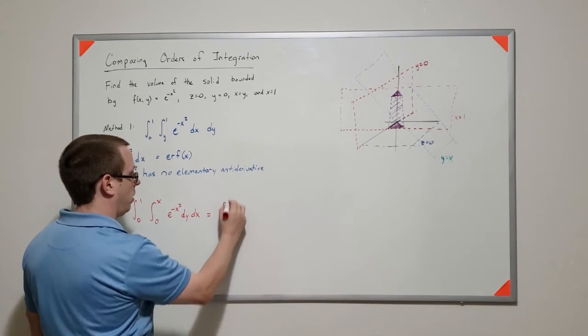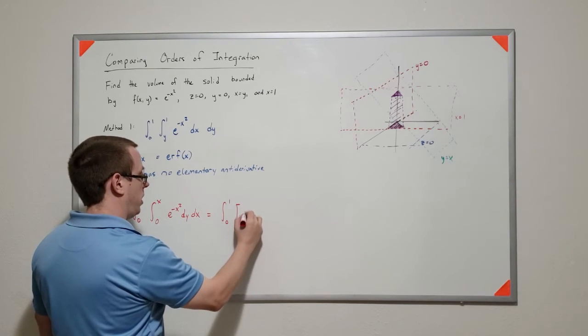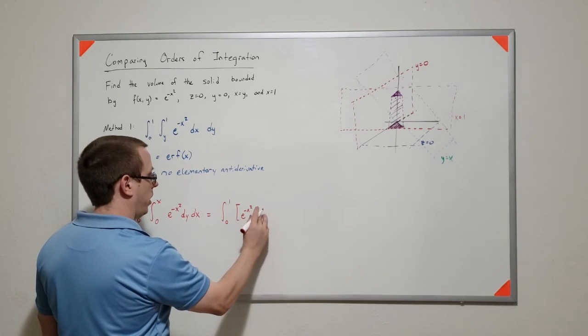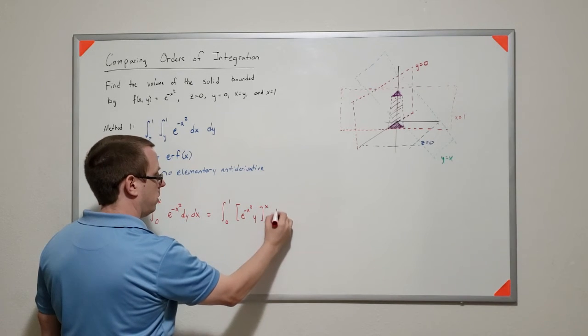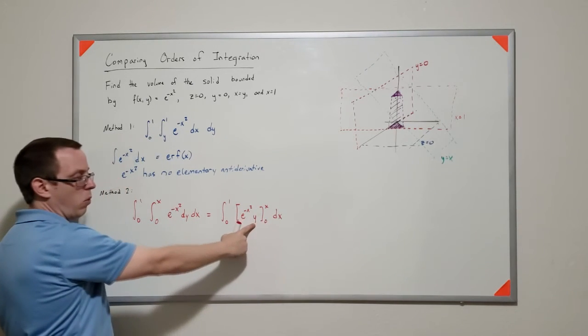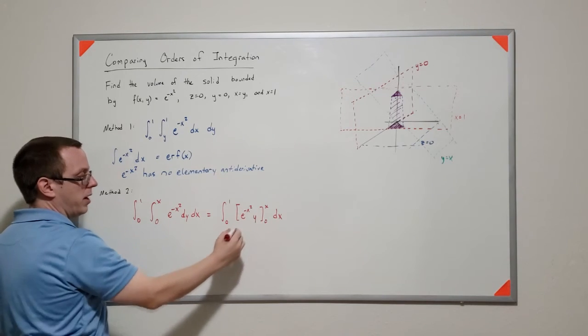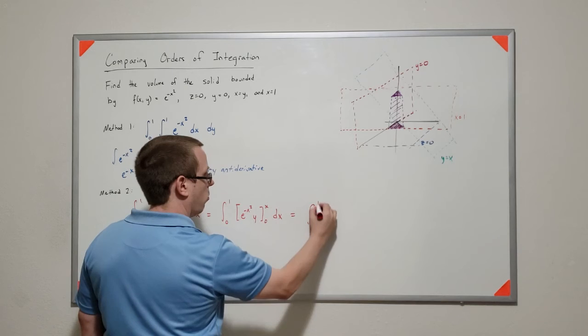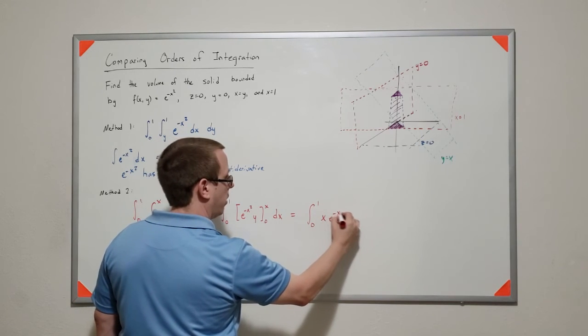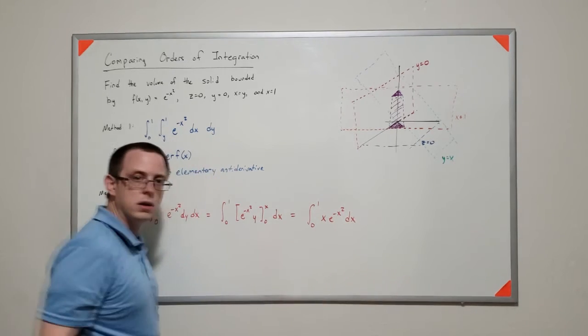We can say, okay, well, that's just e to the negative x squared times y from 0 to x, dx. Well, when y is 0, it goes away. When y is x, I end up with the integral from 0 to 1 of x e to the negative x squared dx.